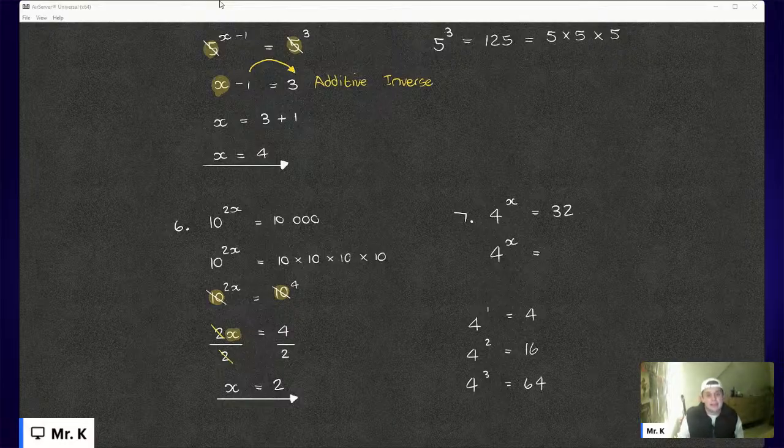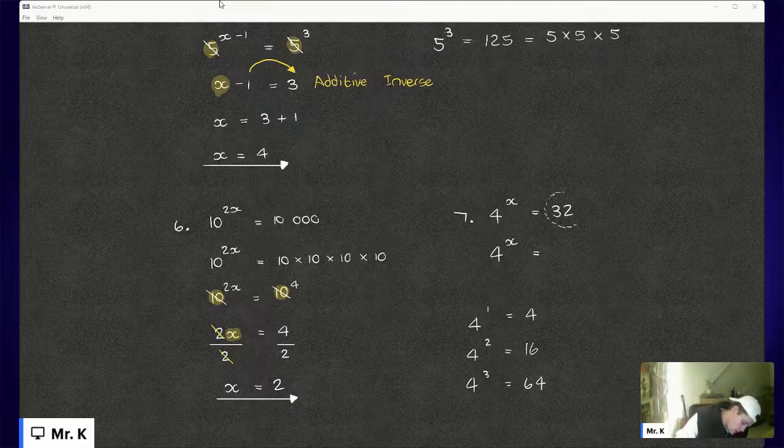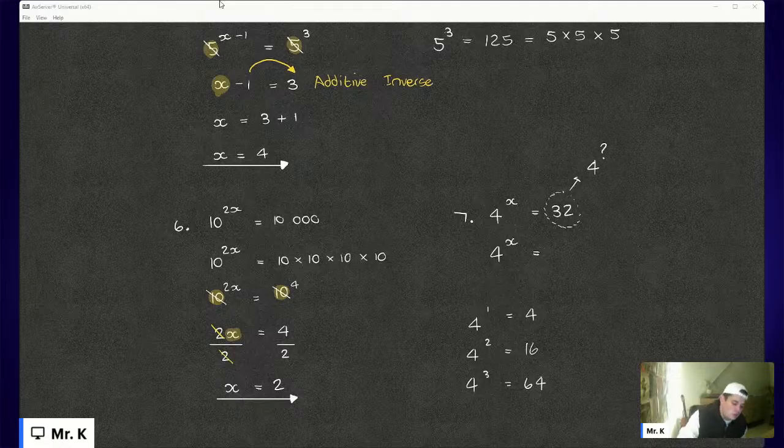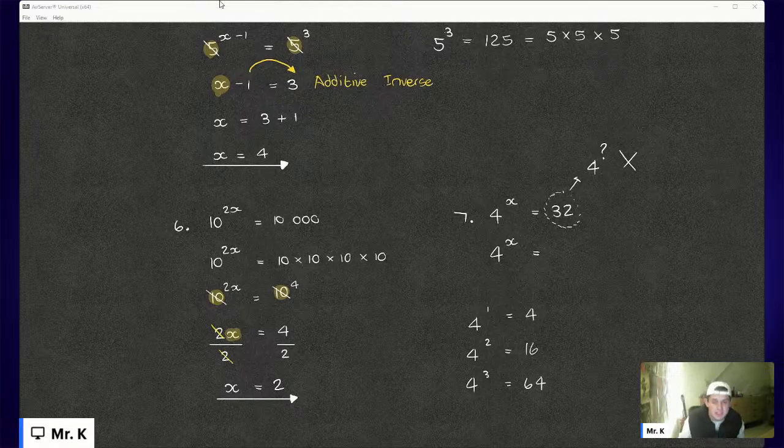So what this tells us is that there's no way for us to express 32 as 4 to the power of something. We cannot do that because 32 cannot be expressed as 4 to some or other power. So now the problem is we can't use the base that we have on the left-hand side over here on the right-hand side. So what do we need to do?